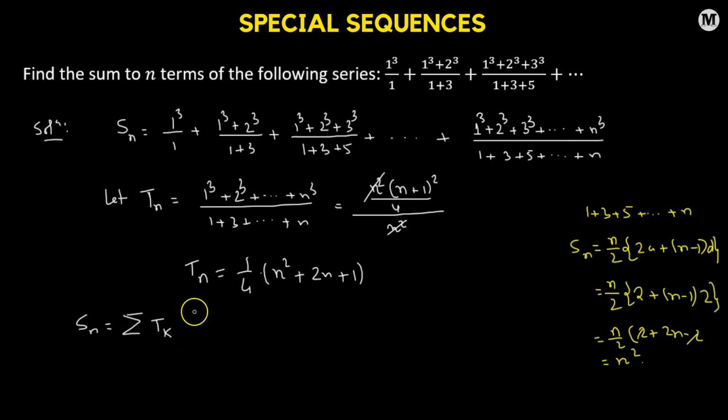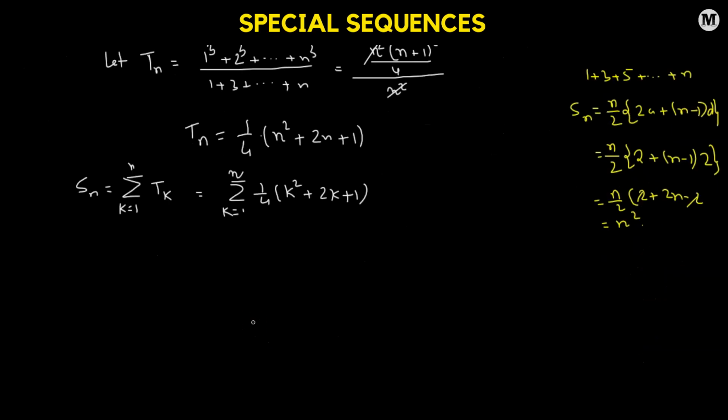Instead of using the index n, we're going to replace it with k, where k runs from 1 to n. In other words, what we're trying to find is the summation of 1 over 4 times k squared plus 2k plus 1, where k runs from 1 to n.